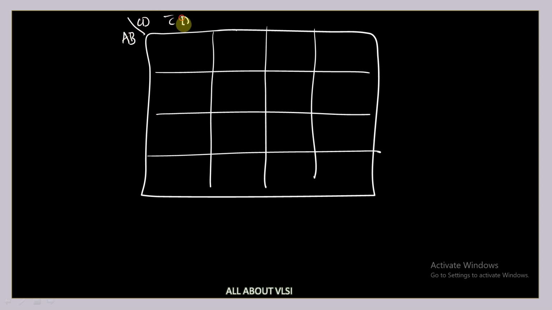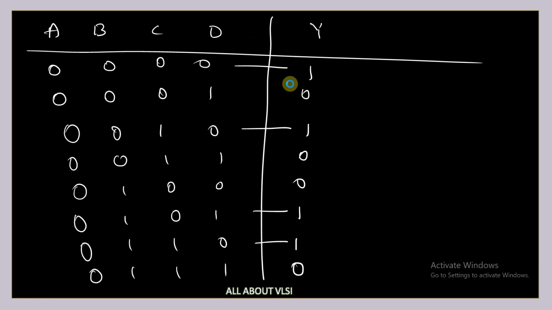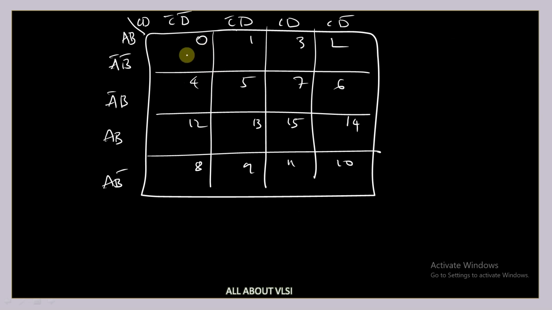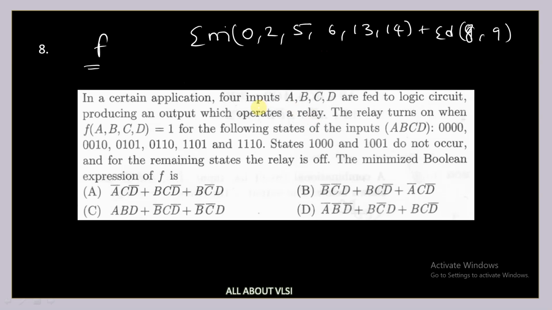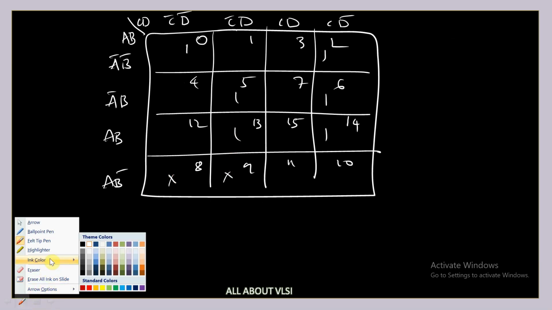A, B, C, D, C bar D bar, C bar D. So 0, 2, 5, 6, 13, 14, and don't cares are 8 and 9. So these are my min terms and my don't cares.